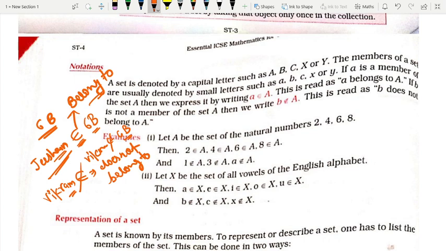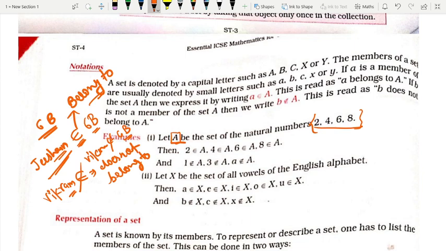Is it clear? So basically this one is saying that 2 4 6 8, this one is our set. So let's suppose this set name is A. As we have given our class name 6th B, we can give any set name A. So is 2 in the set A?